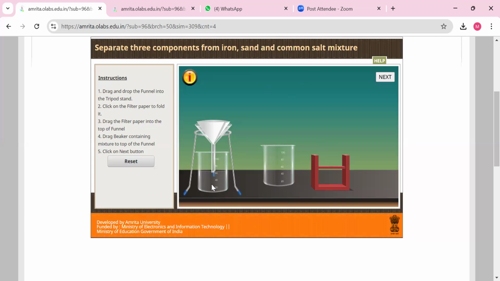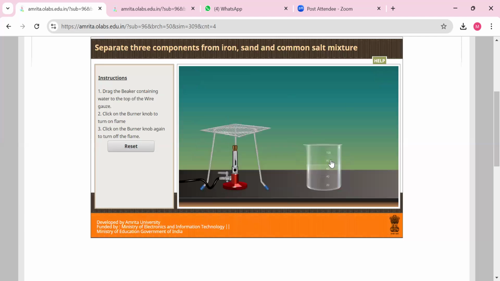This is salt water. Of the three materials, iron and sand are separated; only salt remains mixed in that area. Now I want to separate the salt.